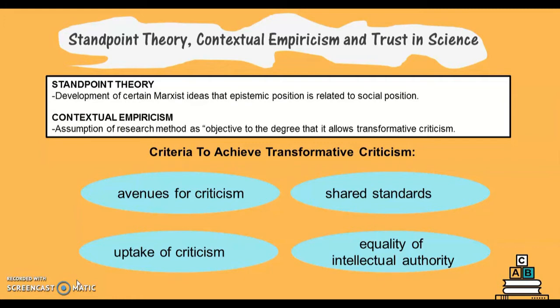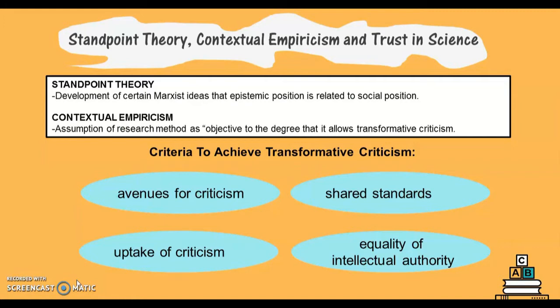Contextual empiricism is an assumption of research method as objective to the degree that it allows transformative criticism. There are criteria to achieve transformative criticism. First, avenue for criticism. Criticism is important in scientific institutions, for example, peer review.